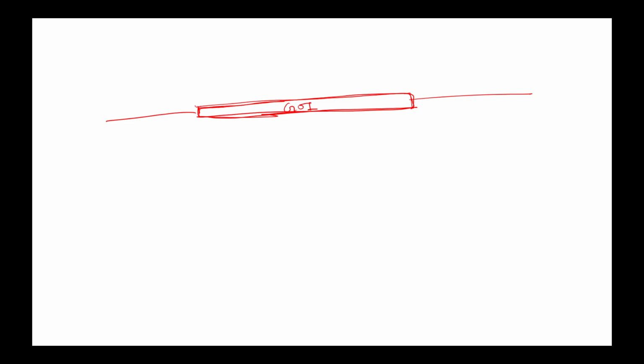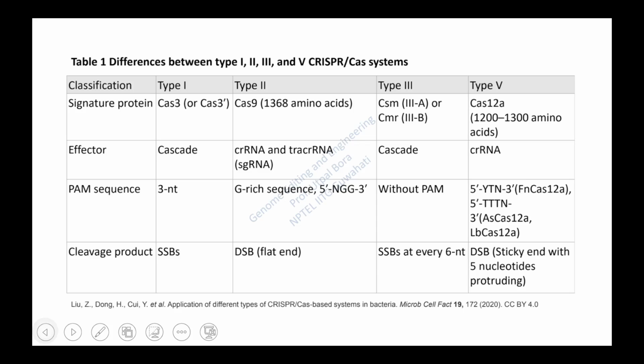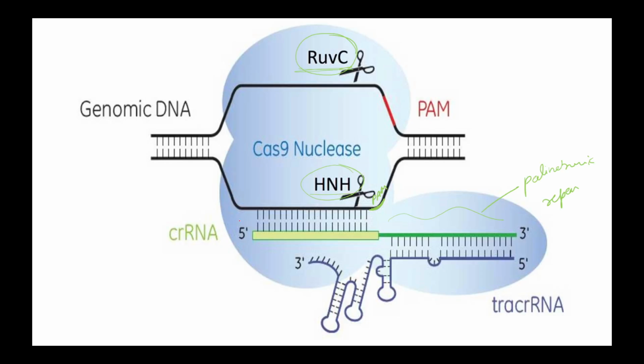That is why that particular RNA is also referred to as guide RNA. If you want to make a cut at any particular position, you have to design a complementary guide RNA that will bind to that particular locus. The tracer sequence will remain constant.